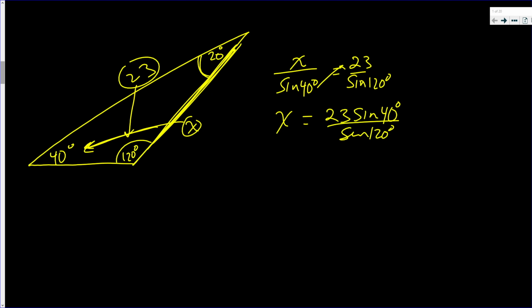And again, when we don't do things blindly like cross multiplication, we see why it works. This cancels out. This stays. If you want to put over 1, fine. 23 times sine 40 is just what I have on top. Sine 20 times 1 is what I have in the denominator.